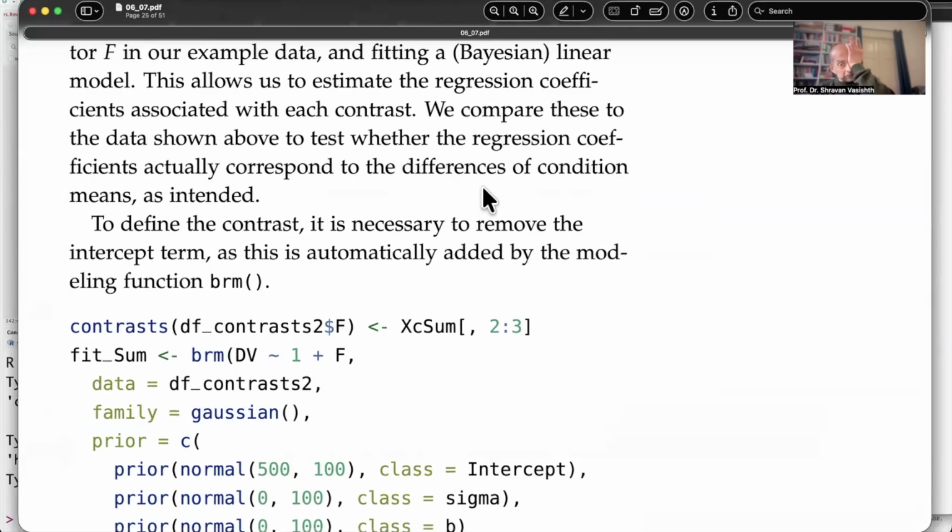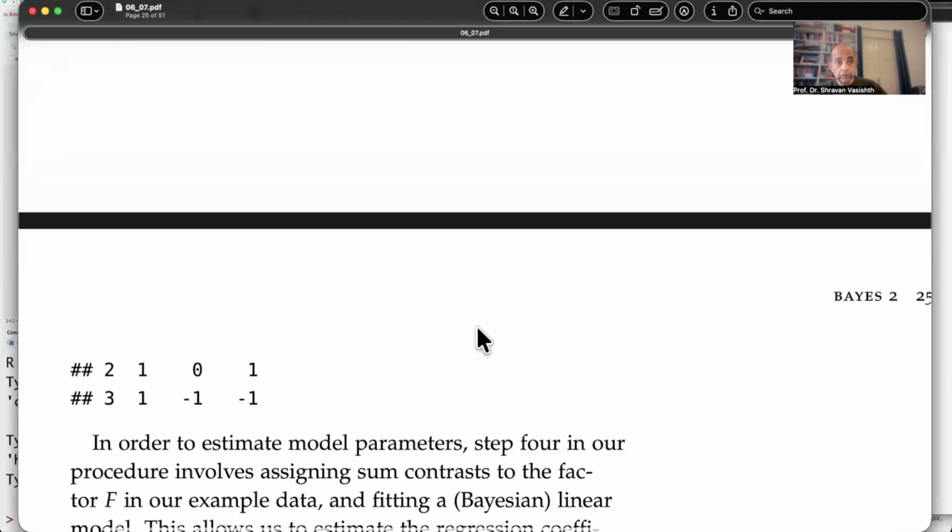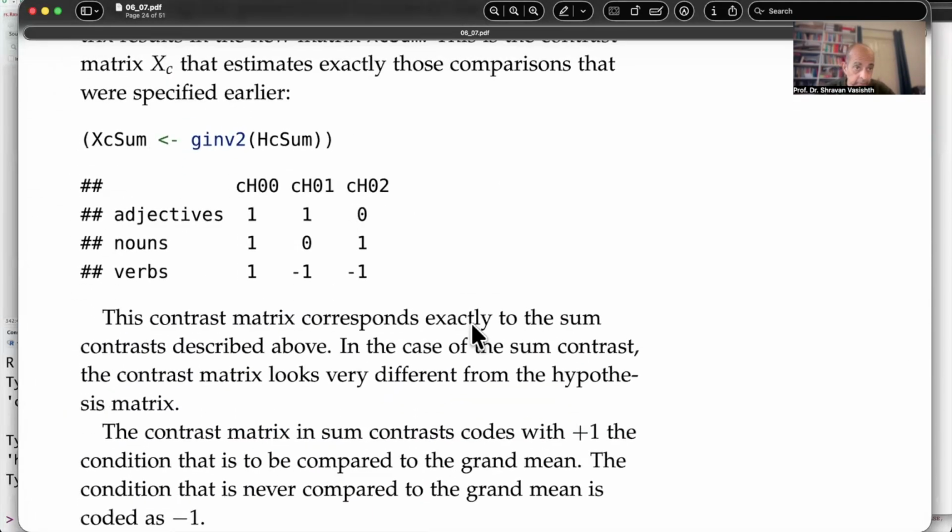Once you figured out what the contrast matrix is, we're going to assign those to the factor levels. This time we drop the intercept column, because the contrasts are only about the comparisons of interest, which are the slopes.